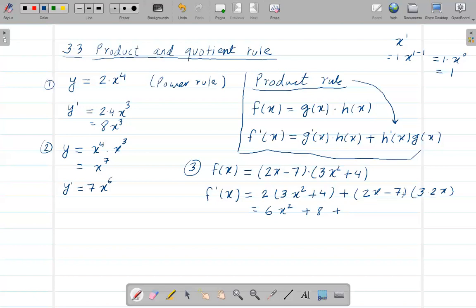So 6x plus 12x squared, minus 6x, well, 6x times negative 7 is negative 42x. So 6 plus 12x squared is 18x squared minus 42x plus 8. All right, so you can leave your answer right here. You don't have to do anything else after this. All right.